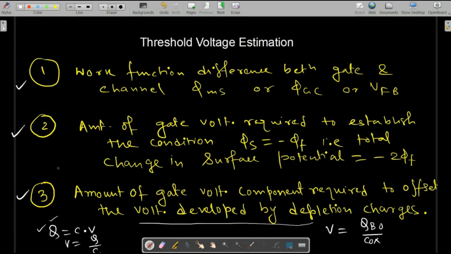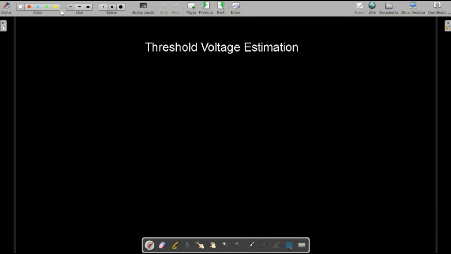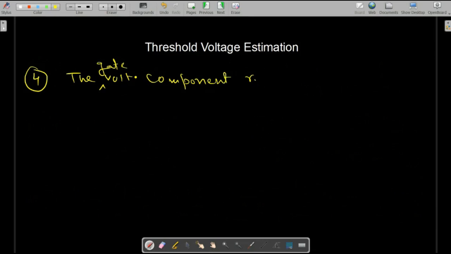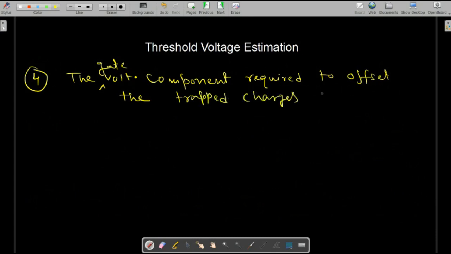But apart from that, we can consider another one, point 4, the voltage component, of course, the gate voltage component required to offset or to compensate the trapped charges and/or oxide interface charges.